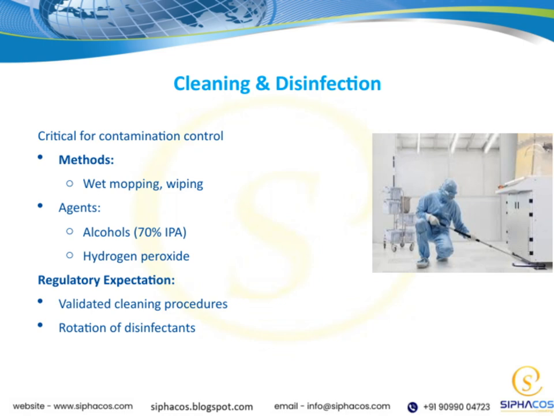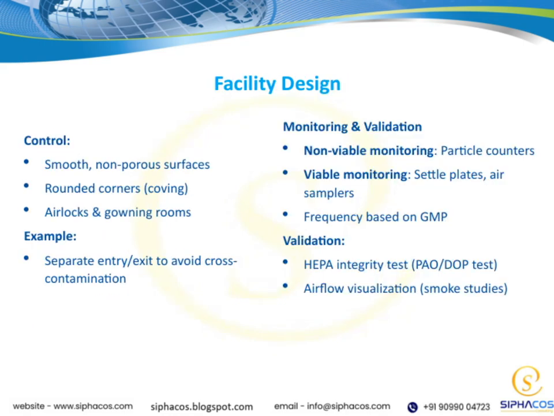Connecting this to the overall theme, rigorous cleaning and disinfection are fundamental pillars in maintaining a safe, compliant, and contamination-free environment. Let's now take a look at facility design, specifically focusing on monitoring and validation. First, for non-viable monitoring, we typically use particle counters. These devices help us keep track of airborne particles that could affect product quality.